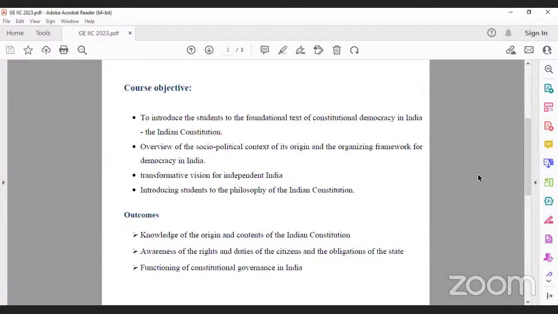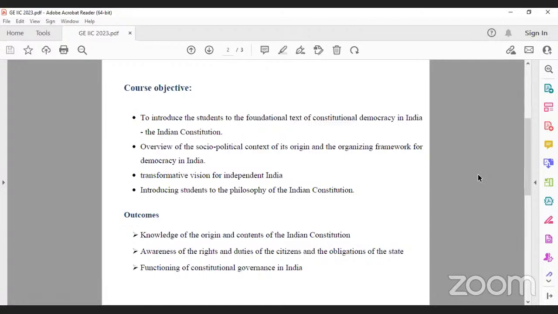So the constitution focused on two objectives of the Indian state. One was nation building and another was socio-economic transformation.